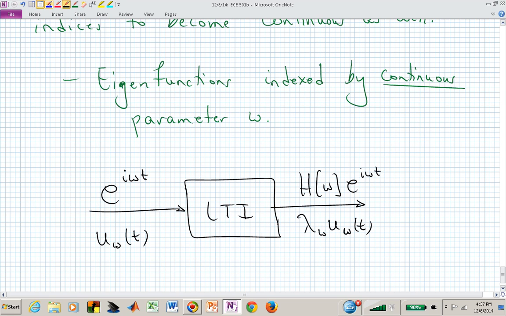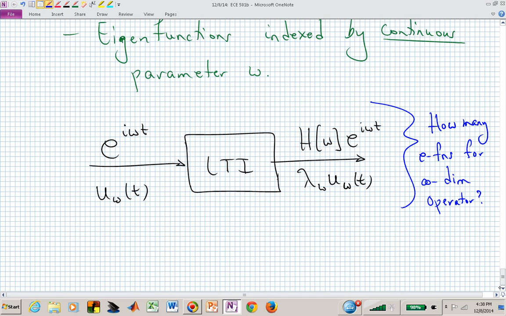And in this particular situation, how many eigenfunctions do we have? We have an infinite amount of those, don't we? We now have an infinite number of eigenfunctions, these e to the i omega t.